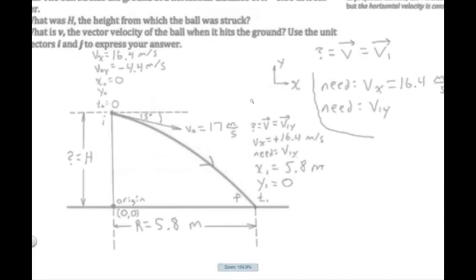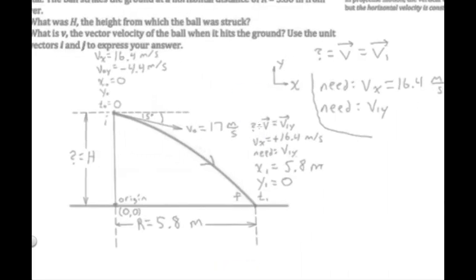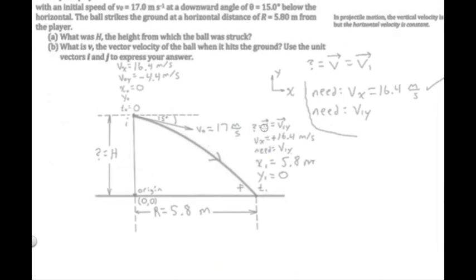I hope you gave that a shot. Maybe you'd already noticed it. Well, remember the question is asking us for v, this symbol, which stands for the overall vector velocity. And we can say, to be more specific, that that's v sub 1, the overall vector velocity at time 1. But again, remember, they're asking us for the overall vector velocity.